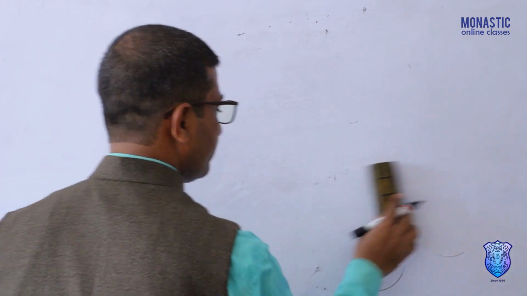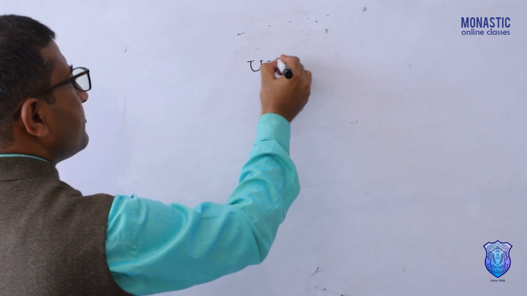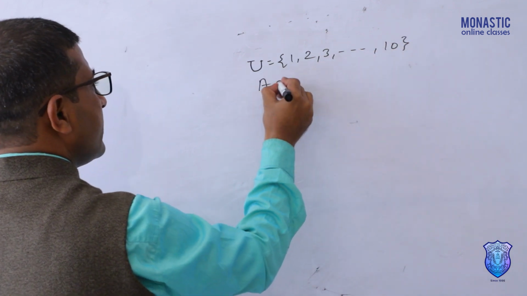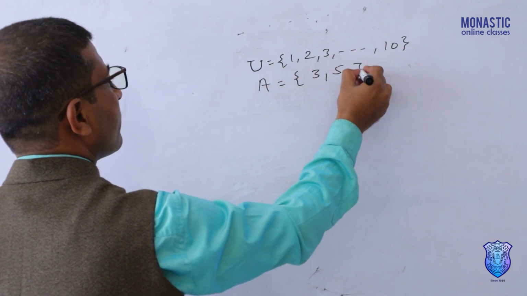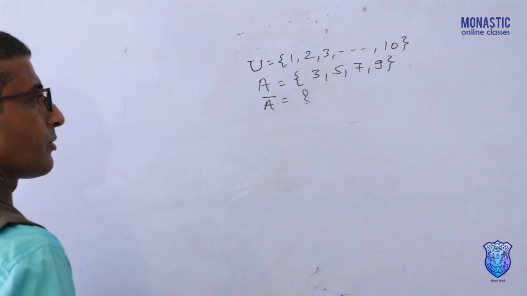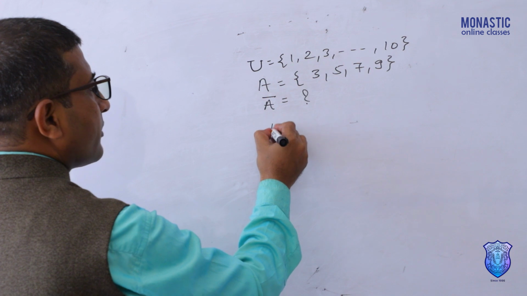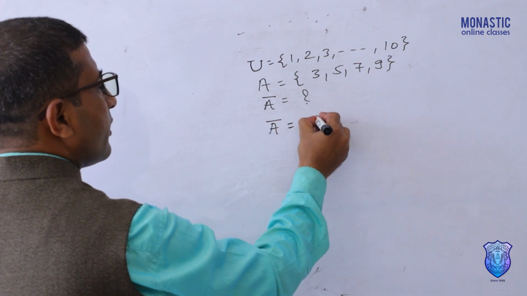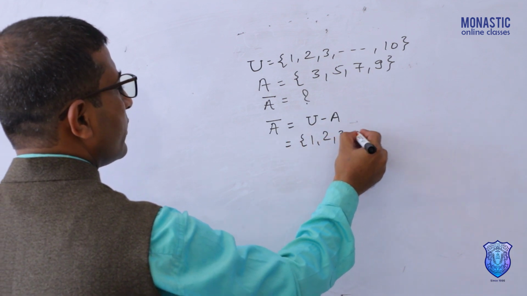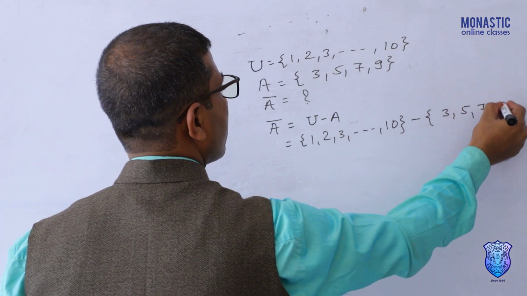Moving further, if we have universal set given from 1 to 10 and set A is given 3, 5, 7, 9, and we have to find complement of set A. You know that A complement means universal minus A. That is 1, 2, 3 up to 10 minus 3, 5, 7 and 9.